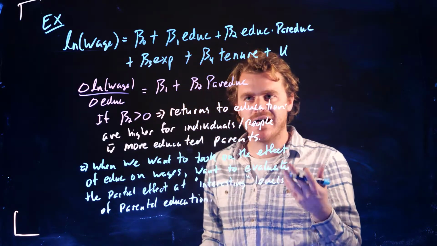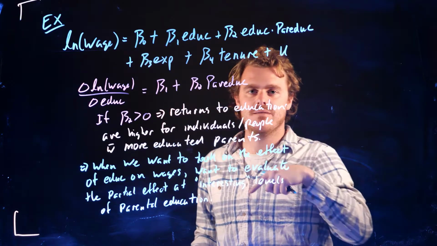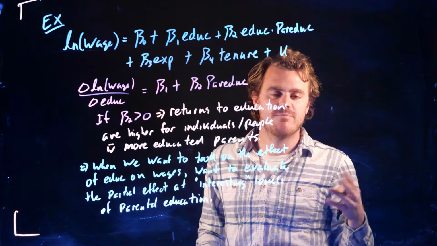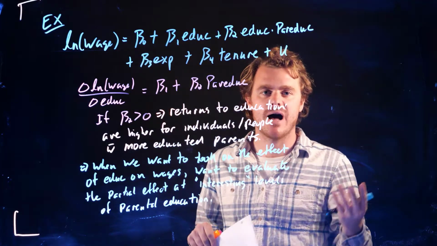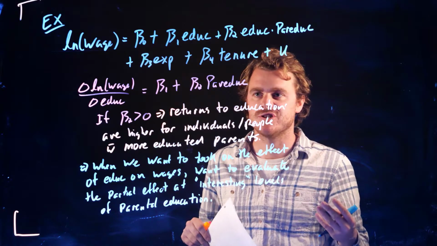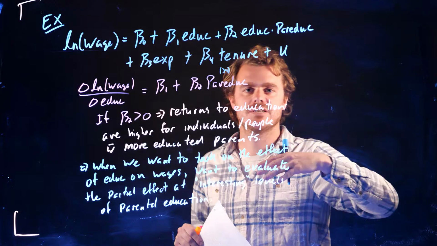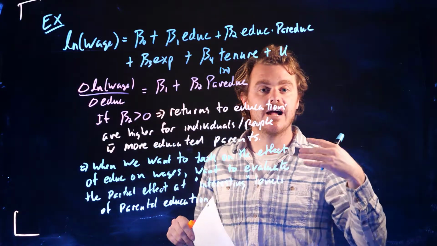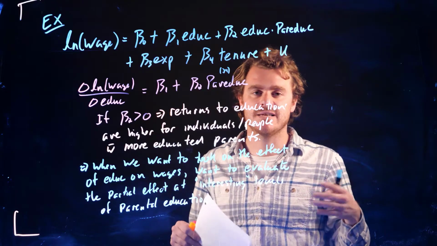But maybe we want to evaluate at a specific parental education. Instead of just leaving it like this, maybe we're interested in when both parents have a high school degree, so they might have 24 years of combined education. Well, maybe we want to evaluate this at 24. Maybe we're interested in just elementary school level, then we want to evaluate that at, let's say, 6.